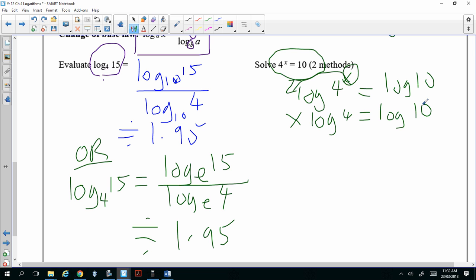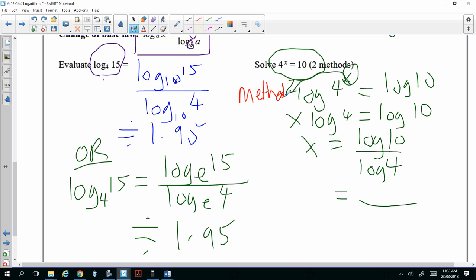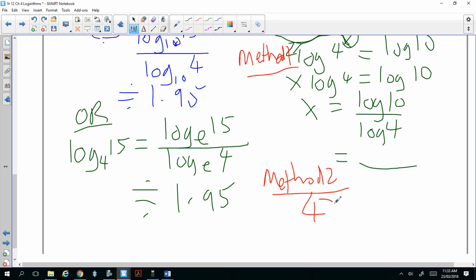Or the other way, method 2. Let's look at method 2. Method 2, you can go like this. 4 to the power x is 10. You can write it in index form, log form, right? And once you write in this form, you know how to change the base. This is just equal to log 10 over log 4.